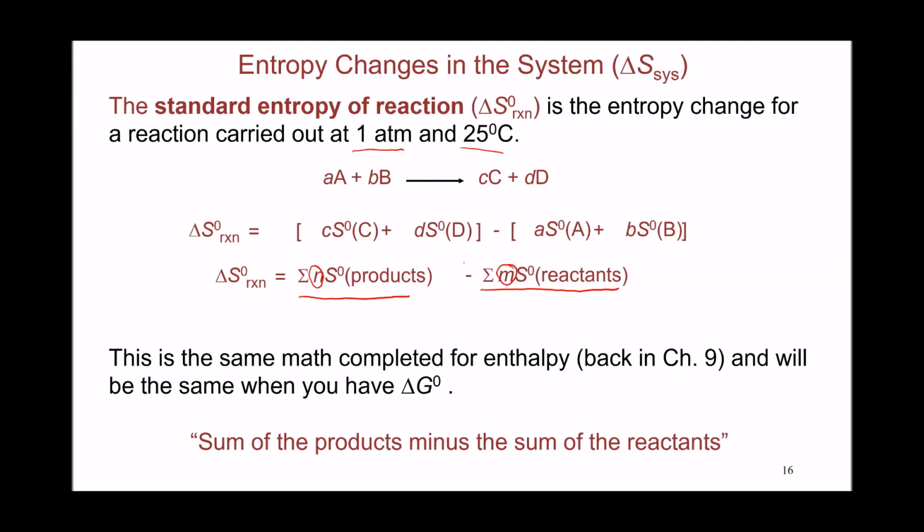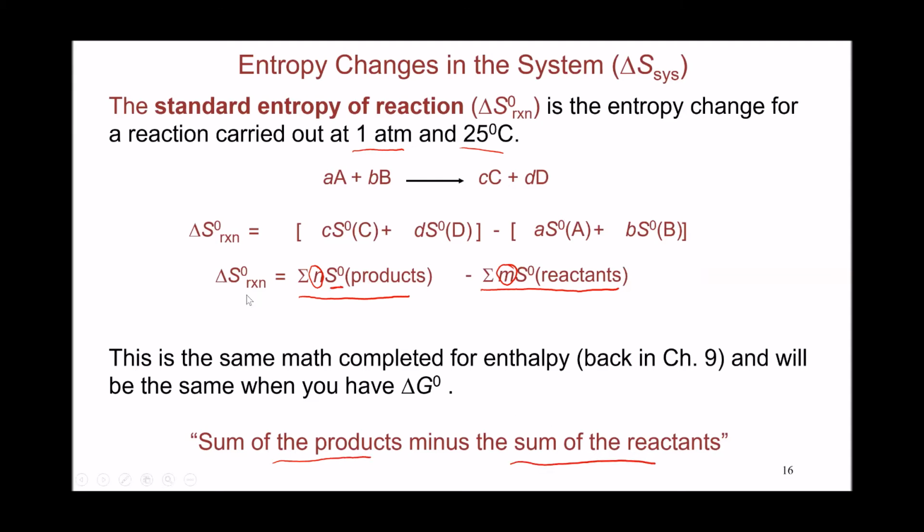It's the same mathematics that we learned for delta H in chapter 9, and it's going to be the same when we discuss delta G later on. It's basically the sum of the products minus the sum of the reactants.